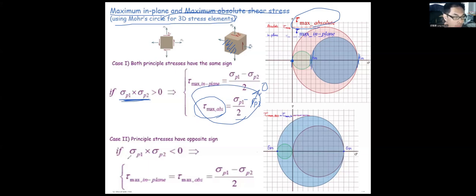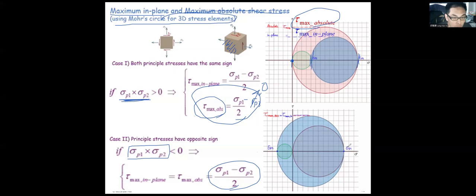And if sigma 1 and sigma 2 have opposite signs, that means sigma 1 times sigma 2 is negative. In this case, the absolute maximum shear stress equals the in-plane maximum shear stress, which equals sigma 1 minus sigma 2 divided by 2.